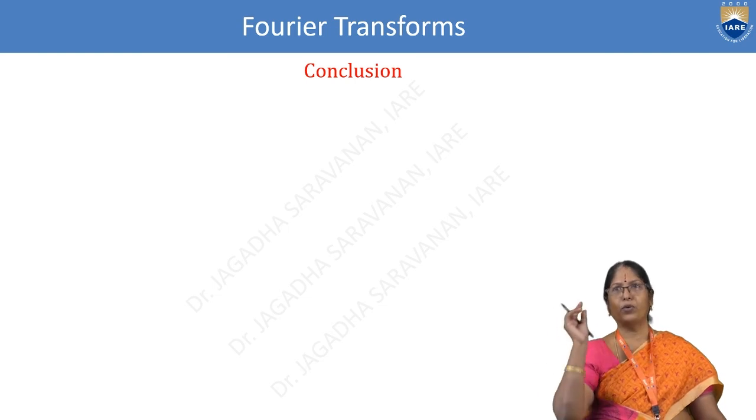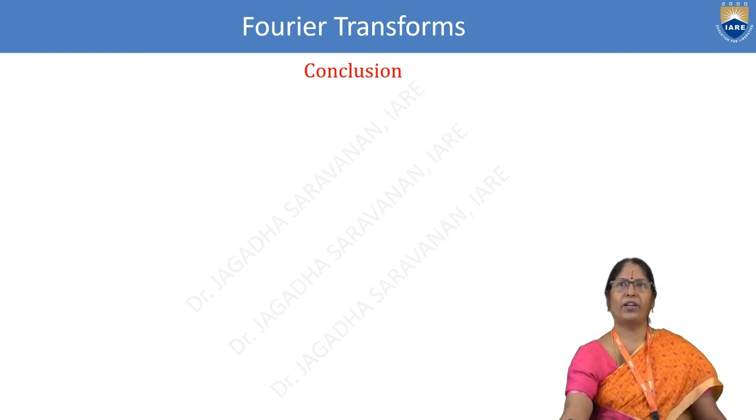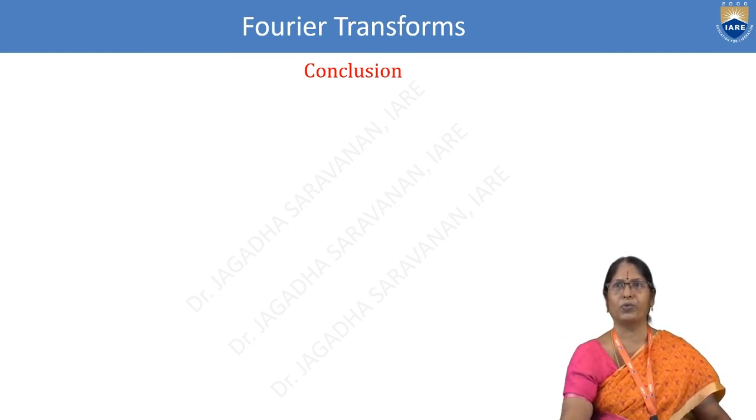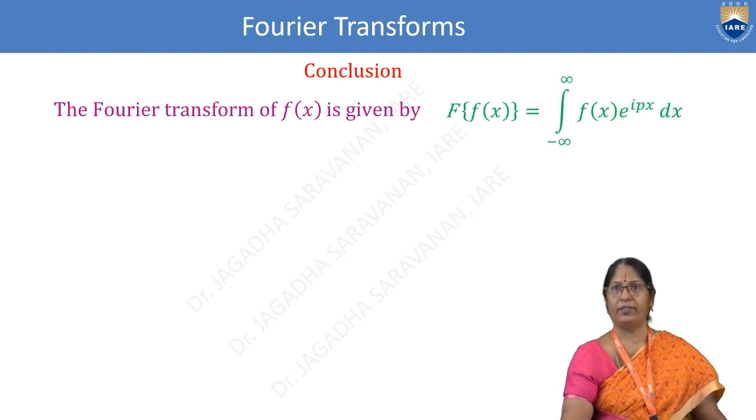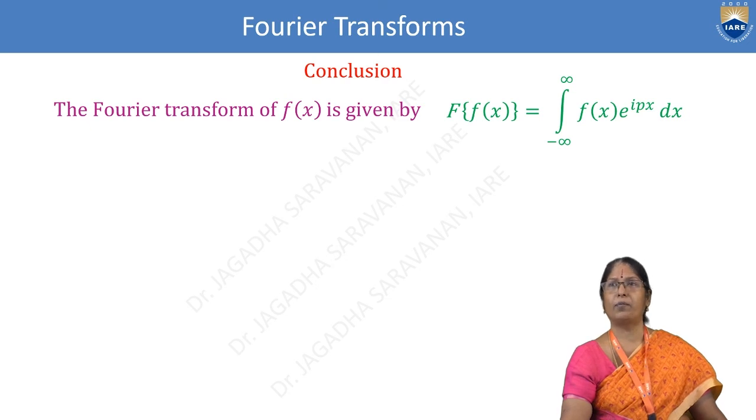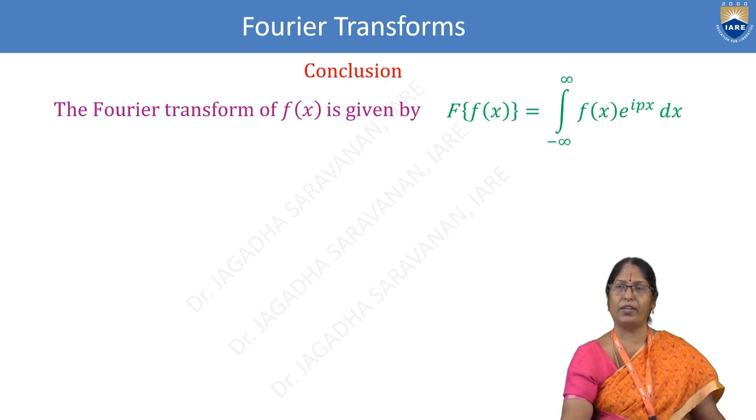So we will come to a conclusion of this video lecture regarding Fourier transforms. First we discussed the definition of Fourier transform of f of x. That is, capital F represents the Fourier transform of the function f of x, which is the integral from minus infinity to infinity of f of x e power ipx dx.